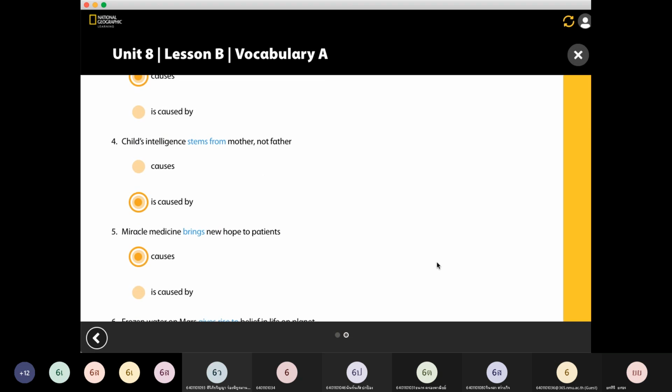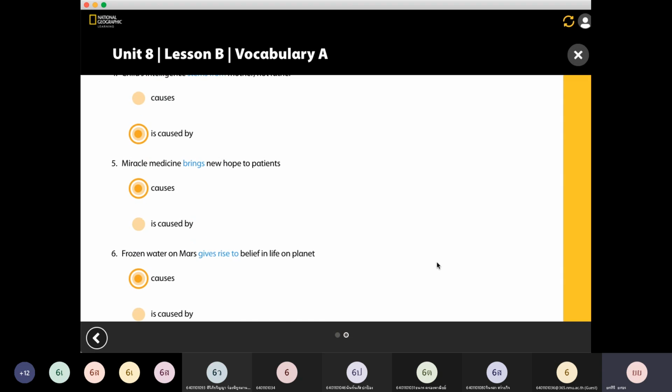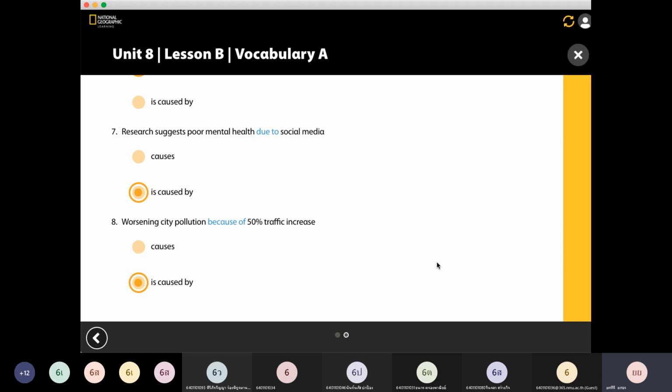And number four, number seven, and number eight, if you can see, the subject is caused by something. So it depends on the word, right? When you use each word, you have to think about whether you want to start with the cause or with the effect of the cause.